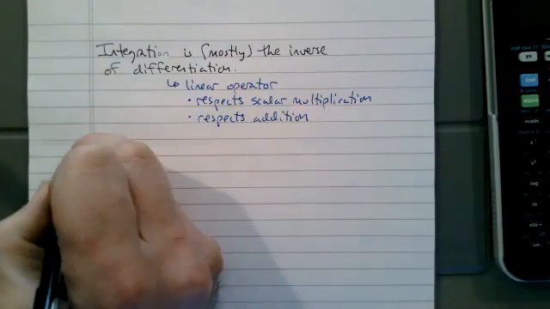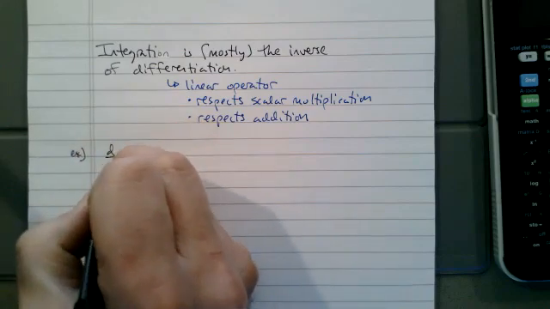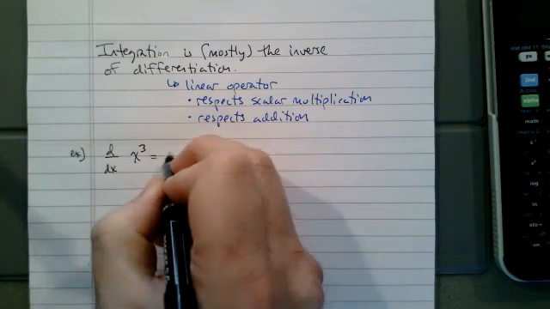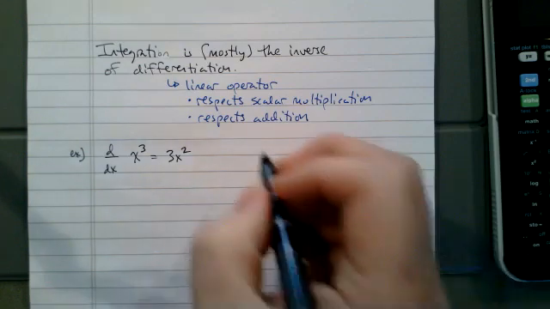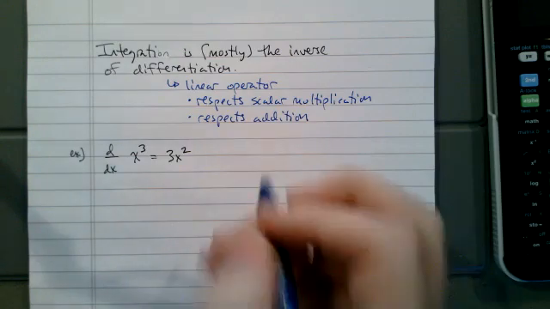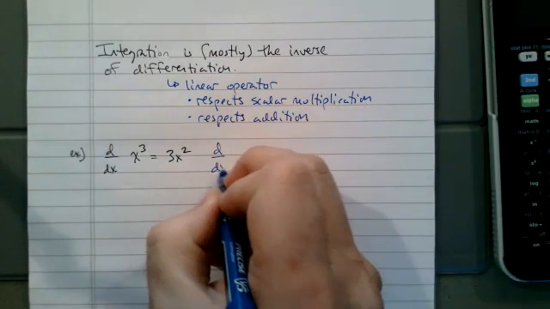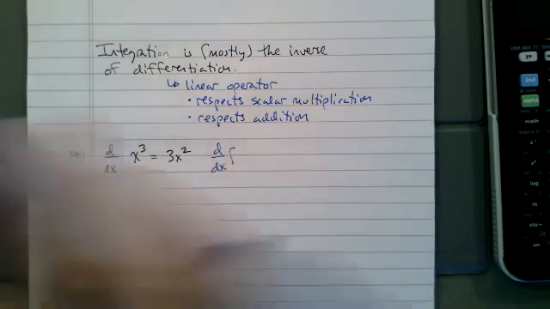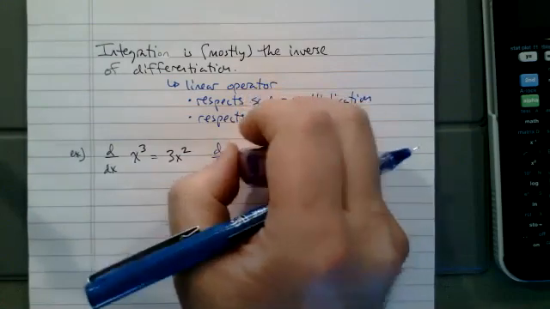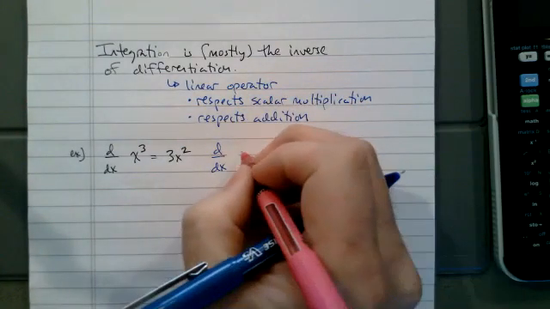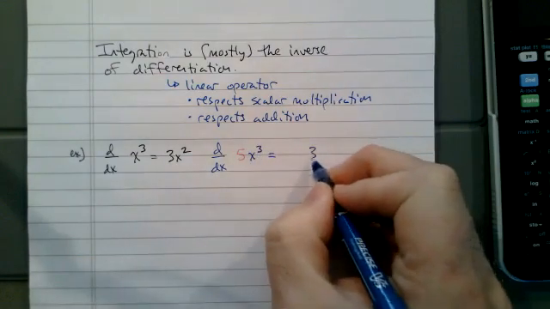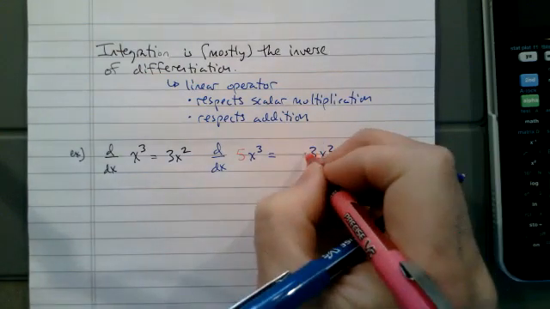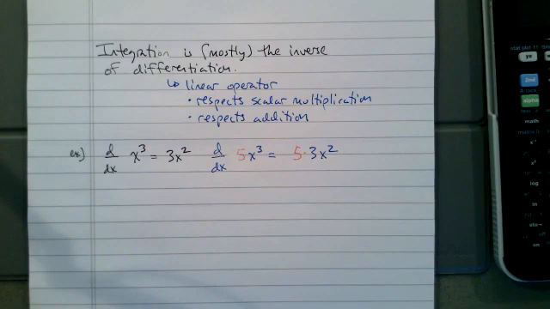So for example, if I want the derivative of x to the third, it's 3x squared, following our rules of derivatives. If I throw in a scalar multiple, the derivative of 5x cubed, we still do 3x squared, and we just carry on 5 as a scalar multiple.